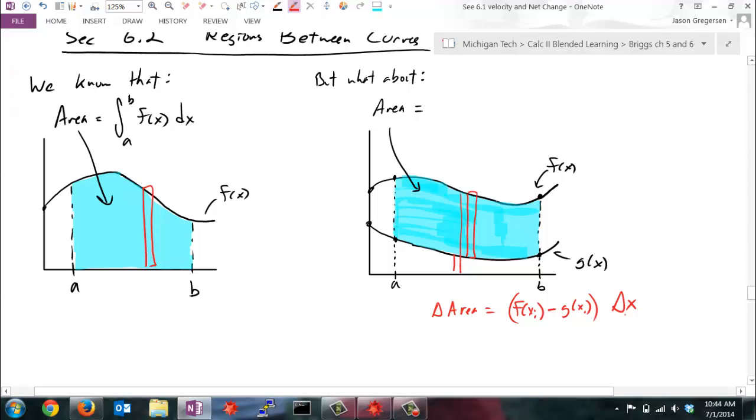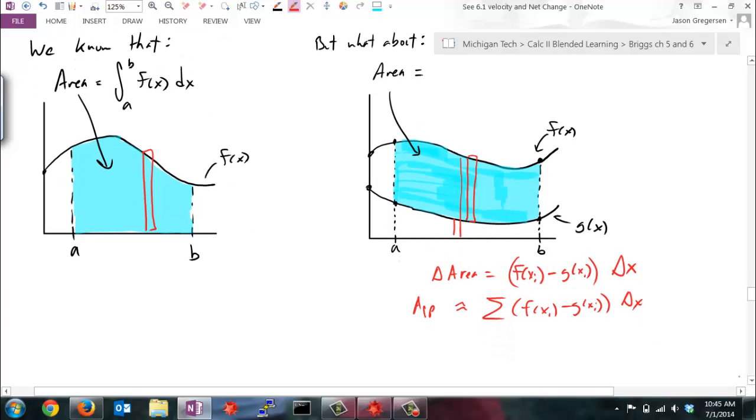But I don't want just that little piece of area, I want all the area. So I could say an approximation for the total area would be adding up all those slices. But I don't want an approximation, I want the exact value. My value gets better if I take smaller and smaller slices. So what do I want to do to make this a perfect area?